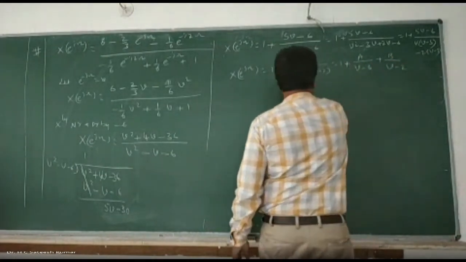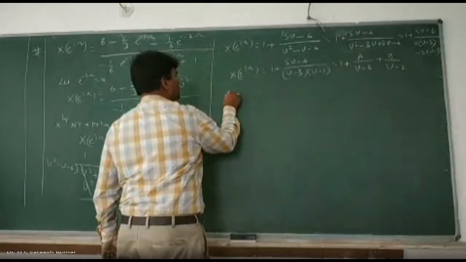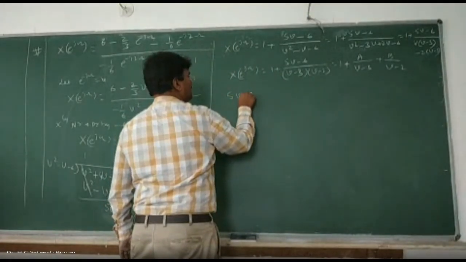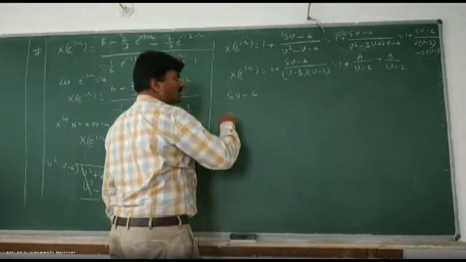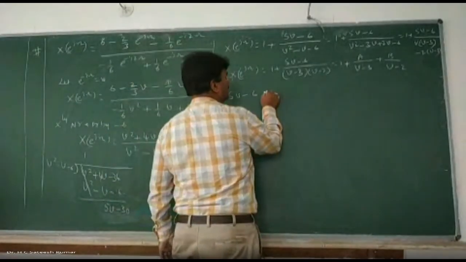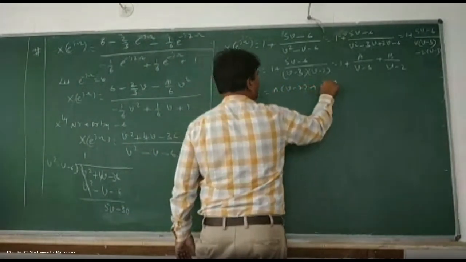Leave the 1 alone, and compare only this part. So 5v minus 6, if you equate that, the 1 gets cancelled, and you can directly write 5v minus 6 is equal to a into v minus 2 plus b into v minus 3.